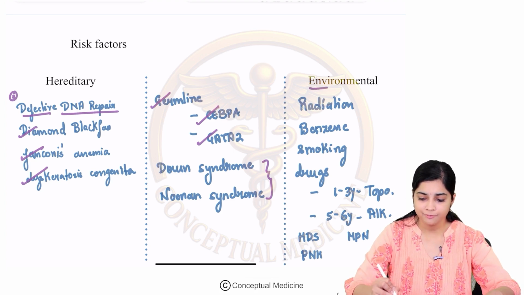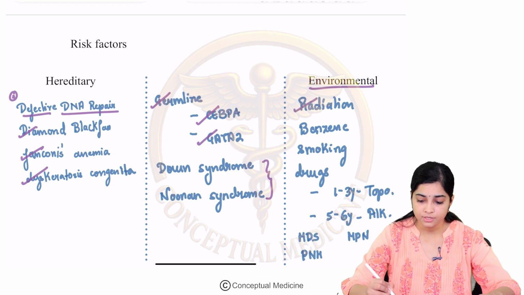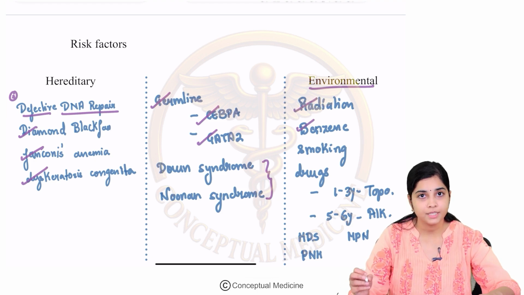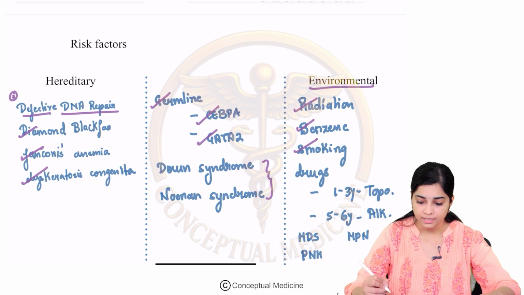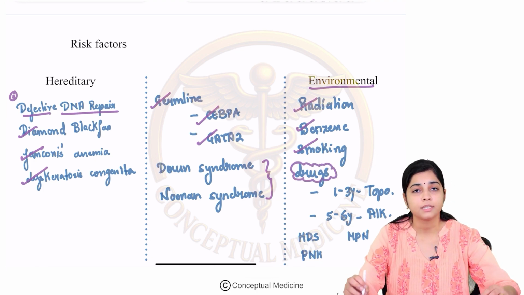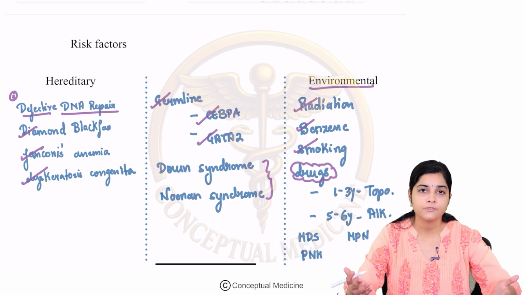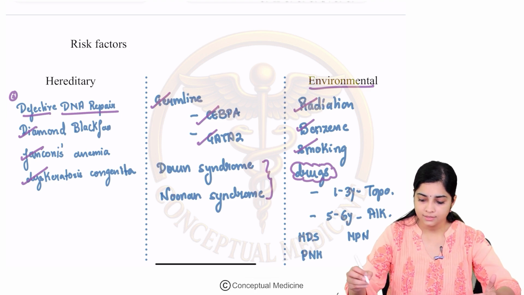Apart from that, you have to definitely consider environmental factors, which include radiation exposure, alkylated hydrocarbons like benzene exposure, smoking, and drugs. When we speak about drugs, it's very important that the drugs used in cancer chemotherapy in themselves carry a risk of secondary AML. What are the drugs?